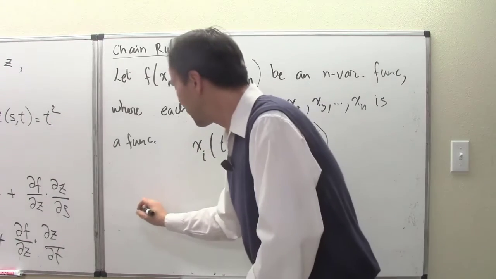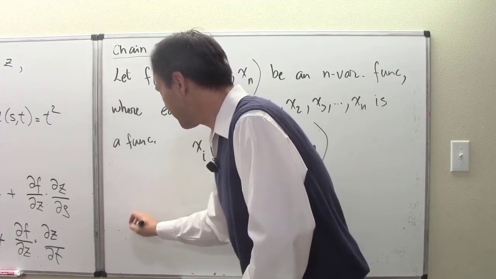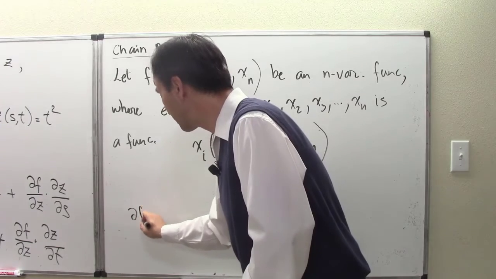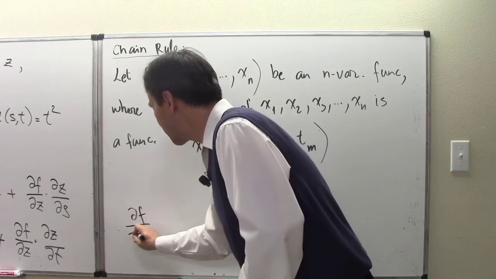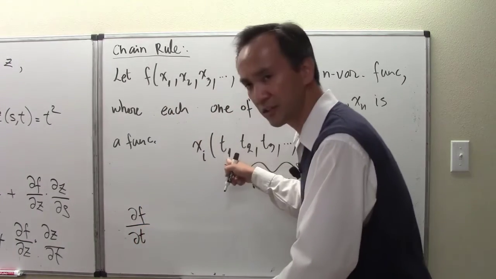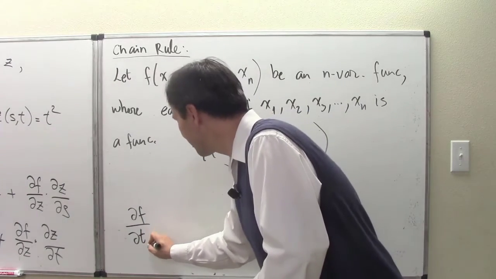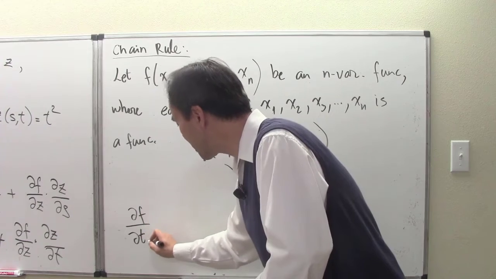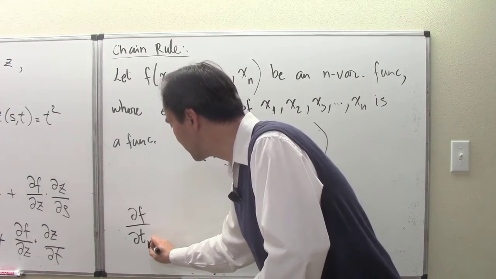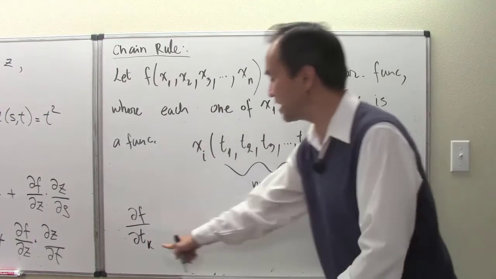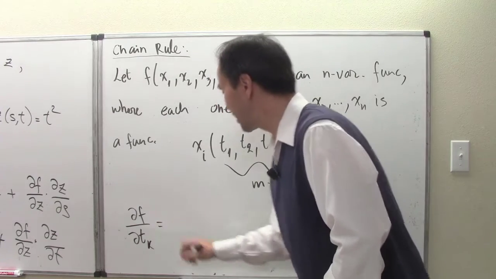In the end, for each partial derivative with respect to the inner variables, which I call the inner variables, for each partial derivative with respect to an inner variable t sub k, here's how we can do it.